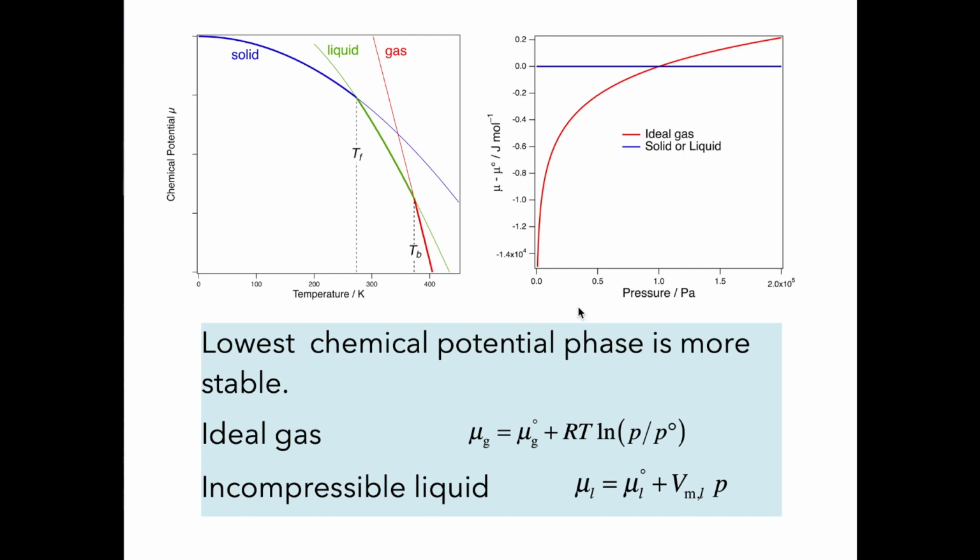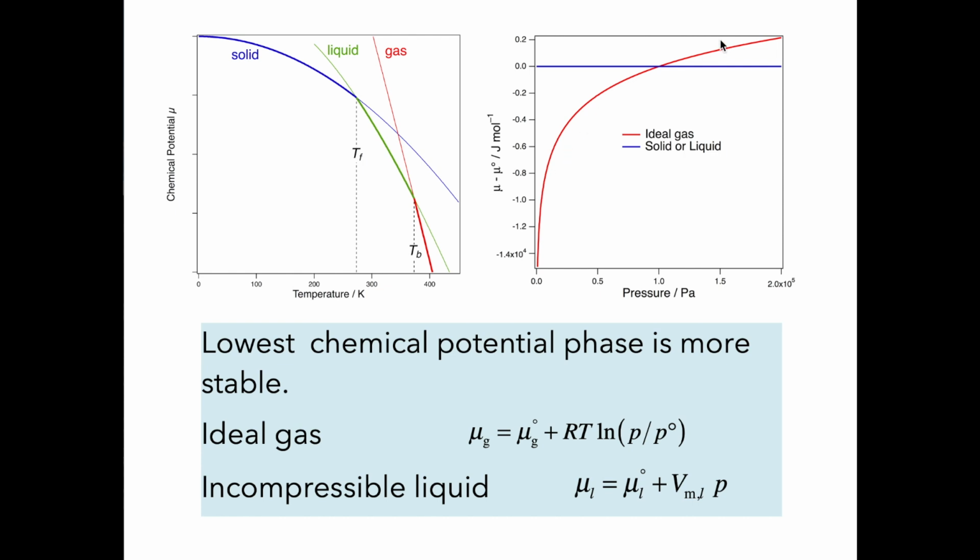Now, chemical potential is also a function of pressure, and we know how to write the chemical potential of an ideal gas in terms of the pressure, and it depends very strongly on pressure. Whereas in an incompressible liquid, or similarly for an incompressible solid, we only get a linear dependence, right? We get a logarithmic dependence for the gas phase. We get a linear dependence for the condensed phases.